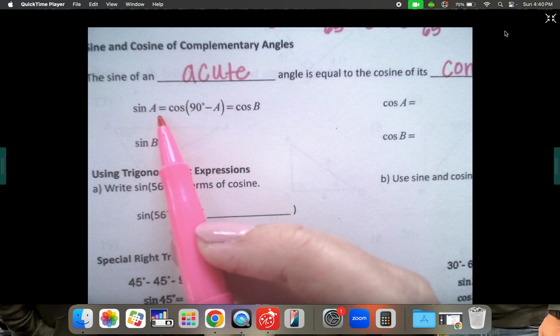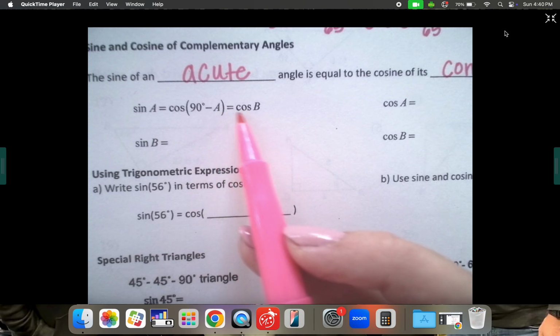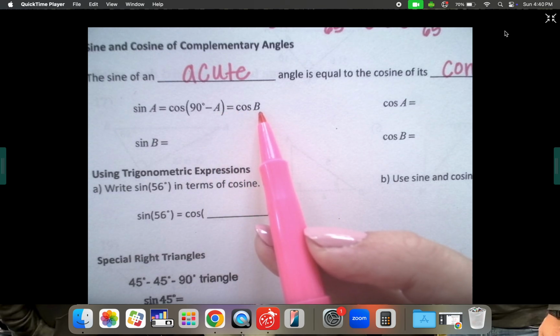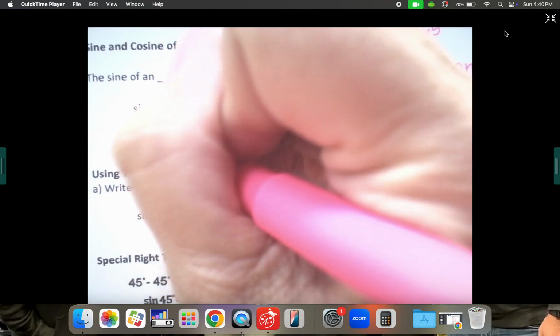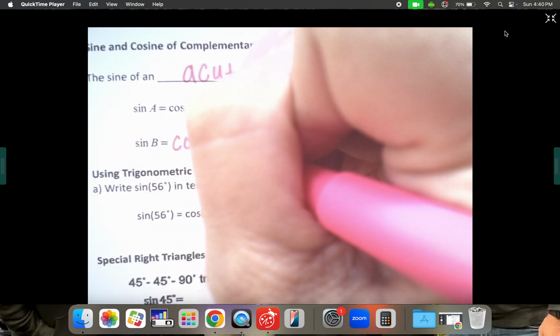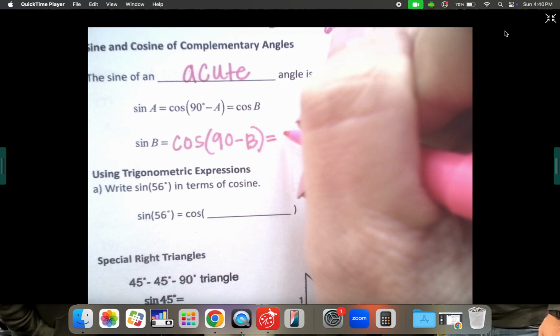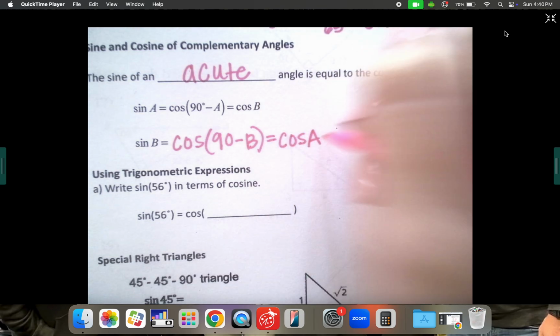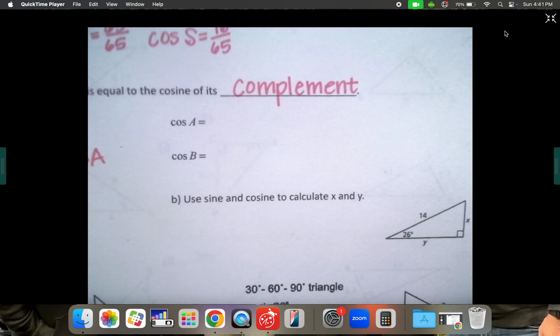So sine A is equal to the cosine of 90 degrees minus whatever angle A was, and that gives you the cosine of B. So sine of B would be cosine of 90 minus the angle B, and that equals the cosine of angle A. This seems very confusing, but if you're following me, I think you're like, okay, I get it. This is just a lot of writing.